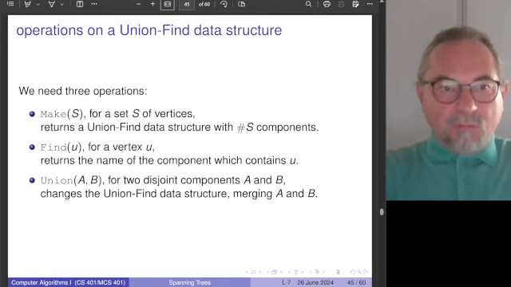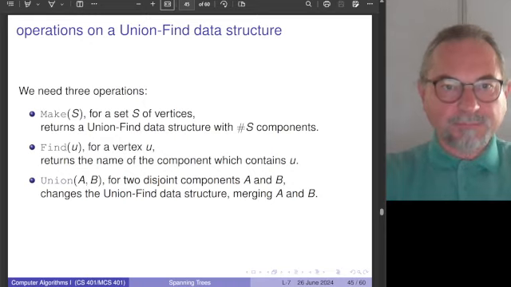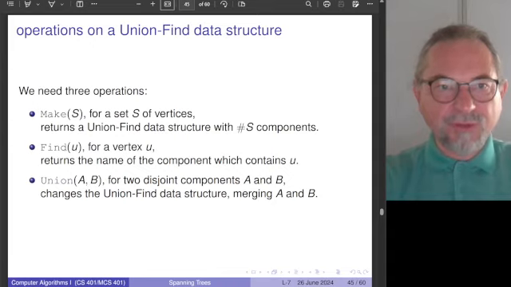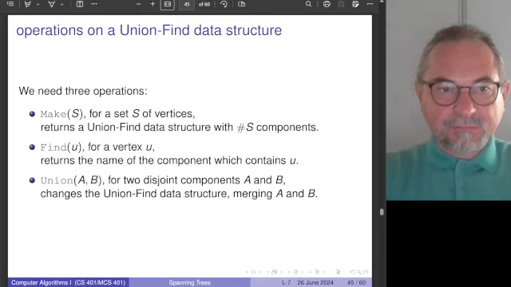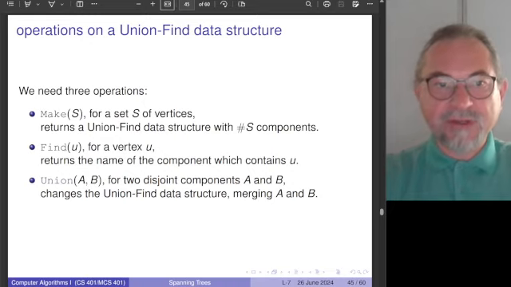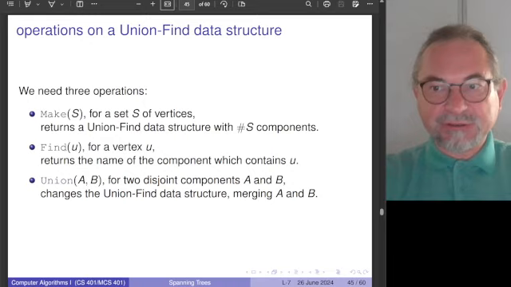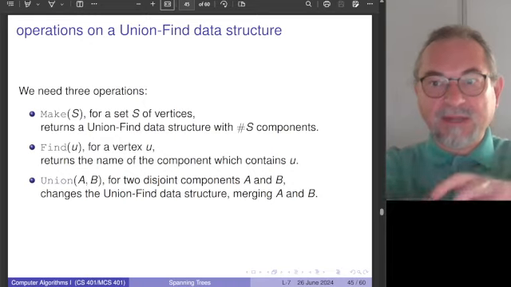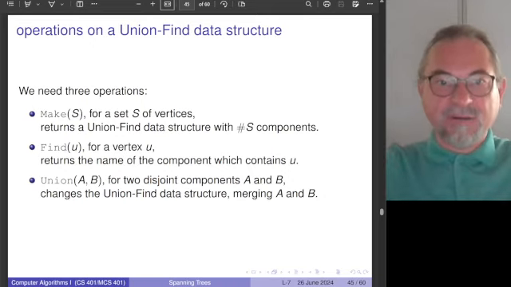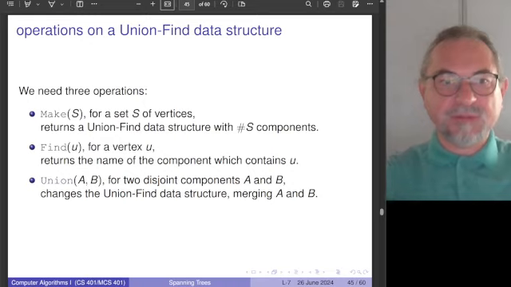Okay, so what we will define is a union find data structure. We will initialize, make, such a data structure for a given set of vertices. The given set of vertices will be considered as just as many isolated points as there are vertices.